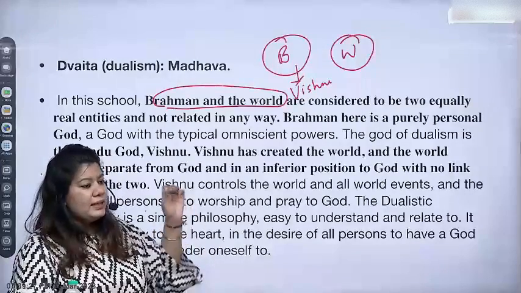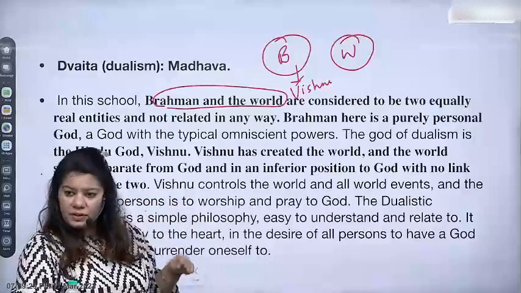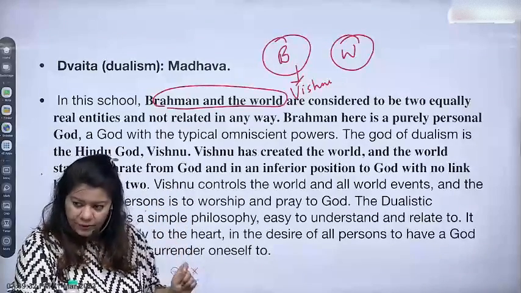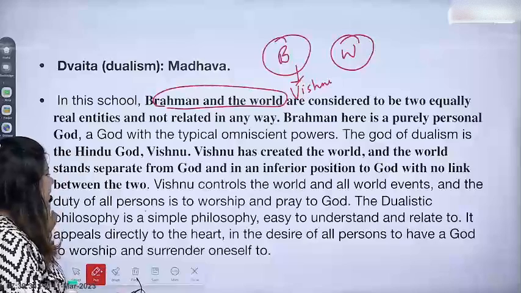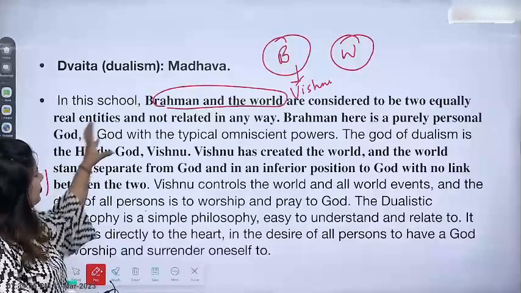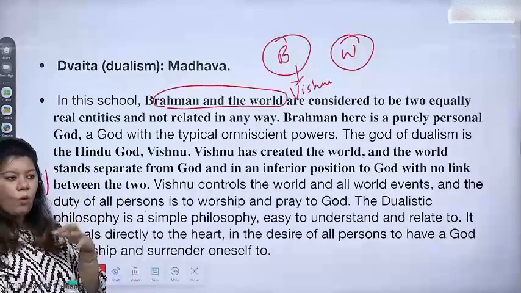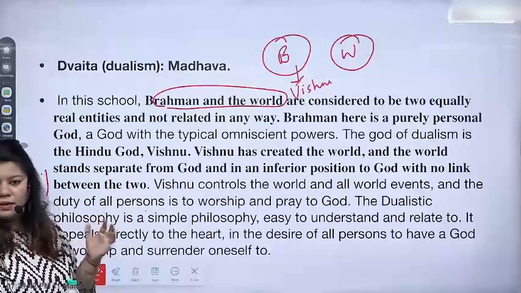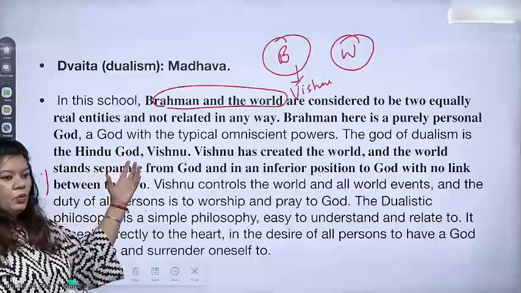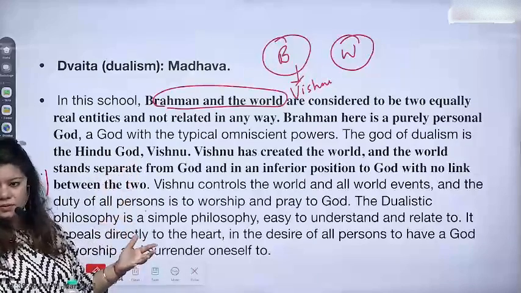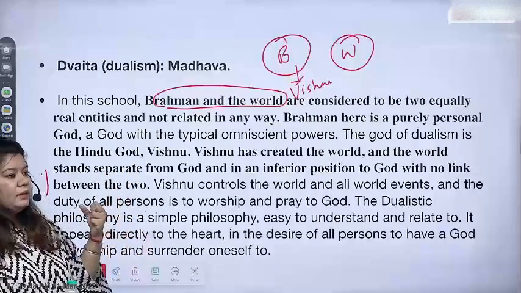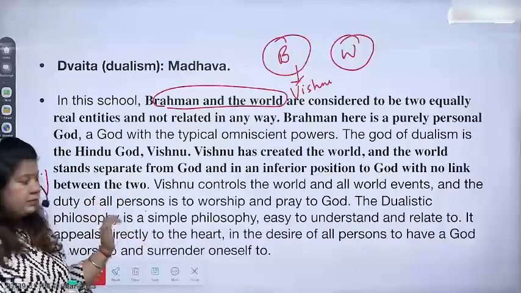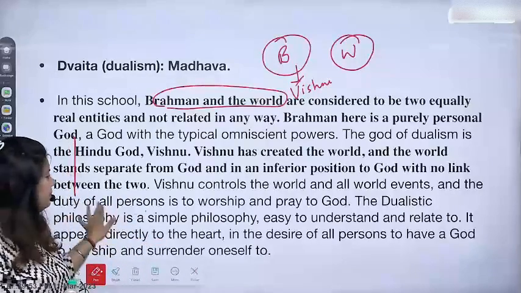The world is rather in an inferior position to God, right? So that's why this is the school of philosophy which you can see every second person believing in, right? We pray to God who has created this world so that we get things done by him, right? In a simpler manner.